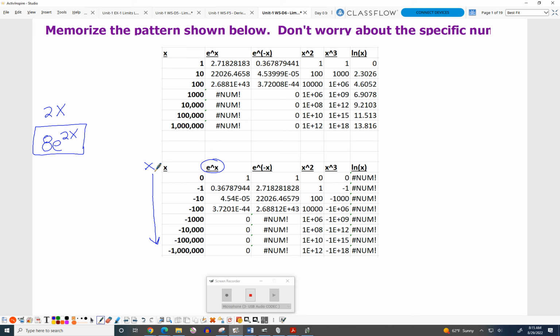So as x gets larger and larger negatively, this is going to shrink very rapidly. It's going to become extremely close to 0 really fast. Questions? Okay, that's being added to 2x. Well, 2x is going to become extremely negative quickly.